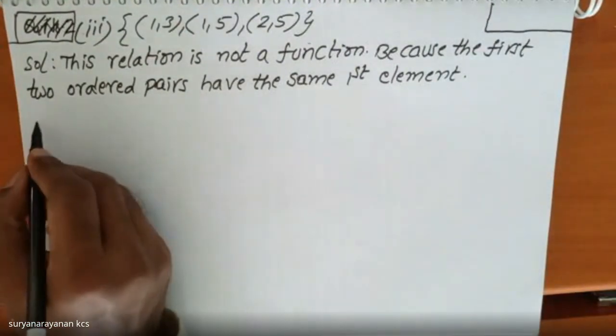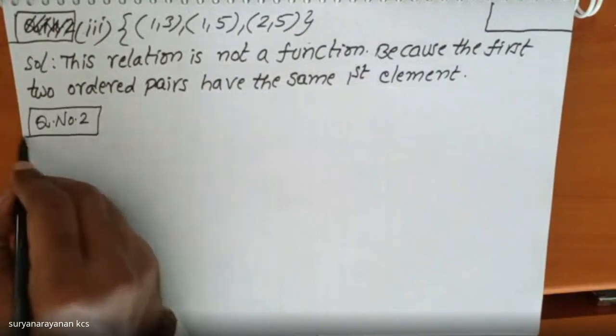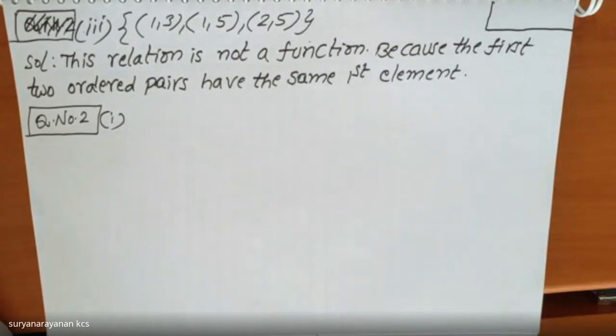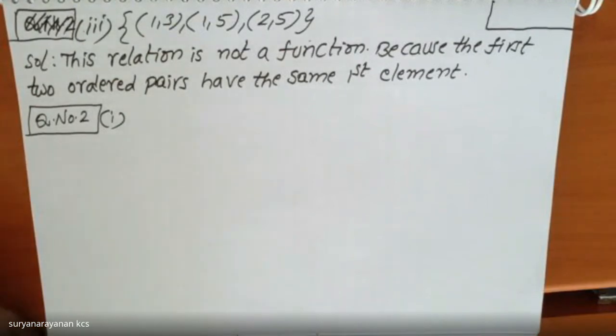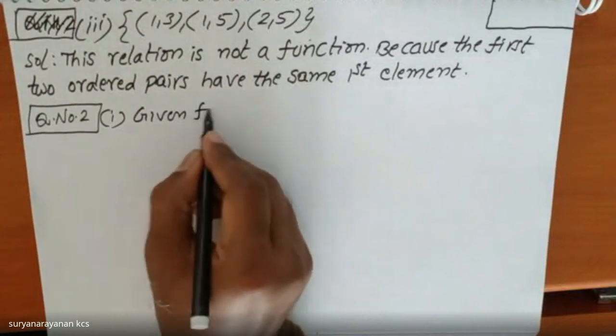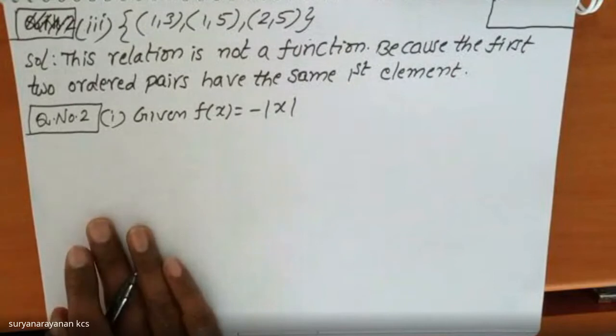Okay, my children. Now come to question number 2. Find the domain and range of the following real functions. Given here, f of x is equal to minus modulus of x.